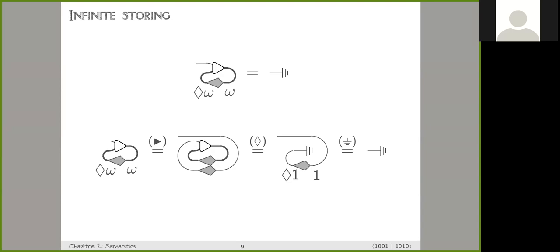And then the delayed discard map is causal. This is a trace preserving operator, side effect free. So we can use the commutation rule and make it go through the delay trace like this. And we end up with the usual discard map. And we managed to prove the infinite storing equality.